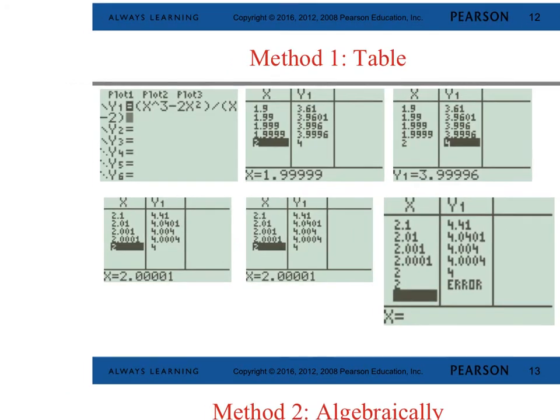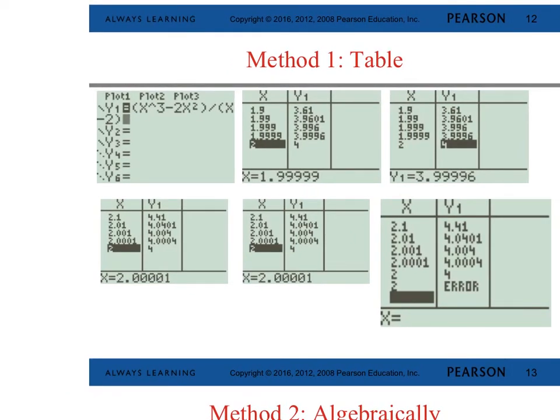Now, it's exceedingly important that you notice some things about this table, this whole process. First of all, when you go to your y equals menu, which means you just press your y equals button here, it's very important that you realize that you need to put parentheses around your numerator and your denominator, number one.